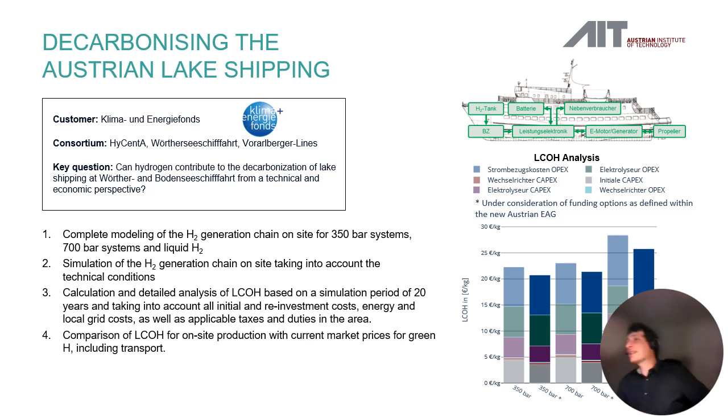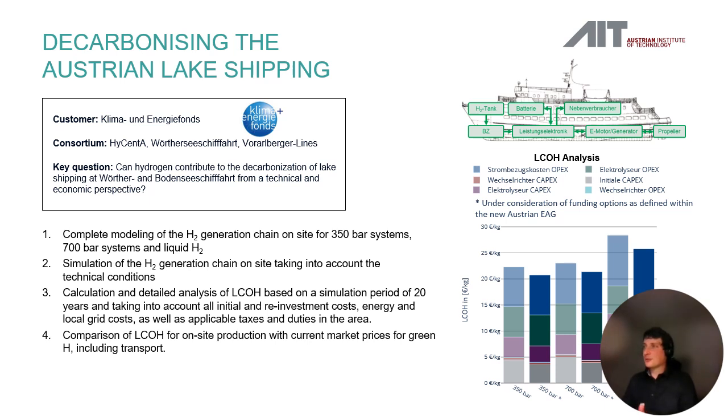The question is, how expensive is it, levelized cost of hydrogen, as we discussed before. So what's your minimum hydrogen price per kilogram when doing all those things, and which component is responsible for which amount of this hydrogen price. And the question was also if you have different storage systems here.